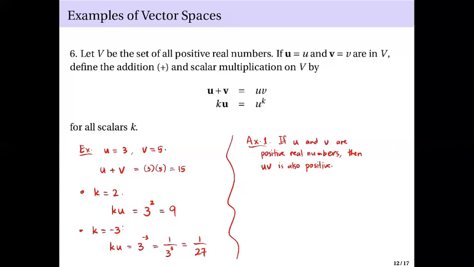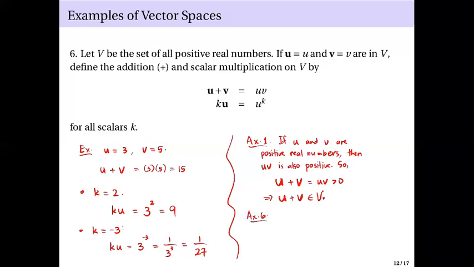So let me use this bold U plus bold V. This is equal to UV. This is greater than 0, which implies that bold U plus bold V is in capital V. That's axiom 1.